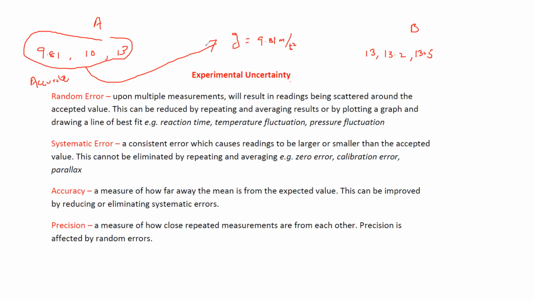And if the question is which student is precise, precise means the repeated results are closer. So 9.81, 10 and 13 are not closer. But you can see student B is precise but not accurate, and student A is accurate but not precise.